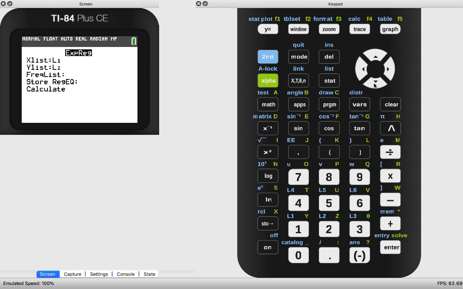We're using list 1 and list 2, so we can cursor down and press calculate. All right, here is the exponential model for this data set. We see that we got y equals a times b to the x. Looks like our initial amount here is 31.24, and we're going to multiply that by the growth factor of 1.59.